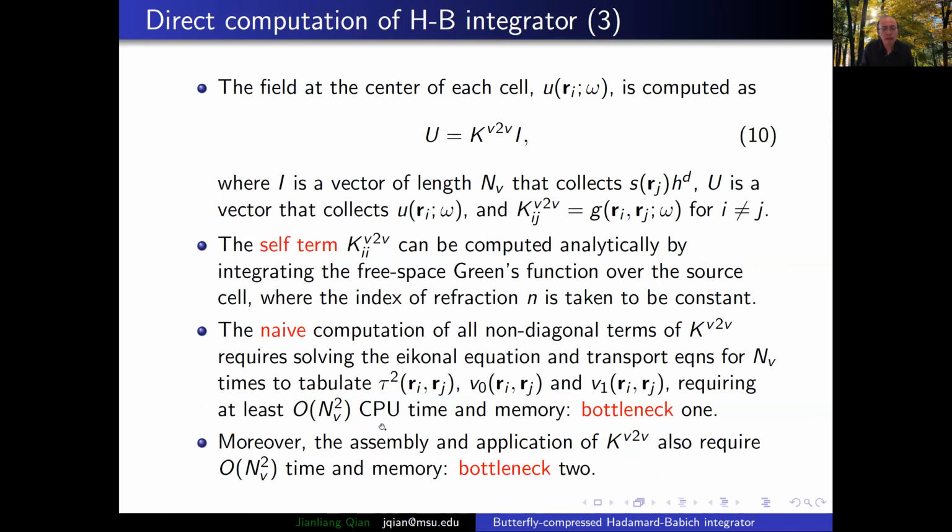Once we discretize, we will have this operator. There's a K volume-to-volume operator acting on the right hand side, and the V to V is there because in our paper we also deal with the scattering problem, so it just indicates volume-to-volume interaction.